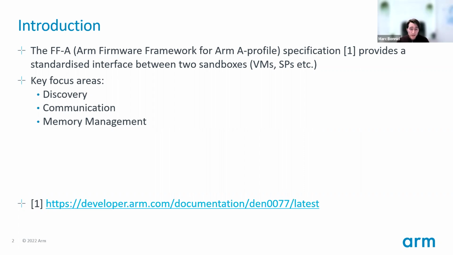These are discovery. This is to allow a partition to discover other partitions in the system and various properties about them. For communication, this is to allow a standard way to exchange messages between partitions. And memory management. This is to facilitate the sharing, lending, and donating of memory between two or more partitions in the system.